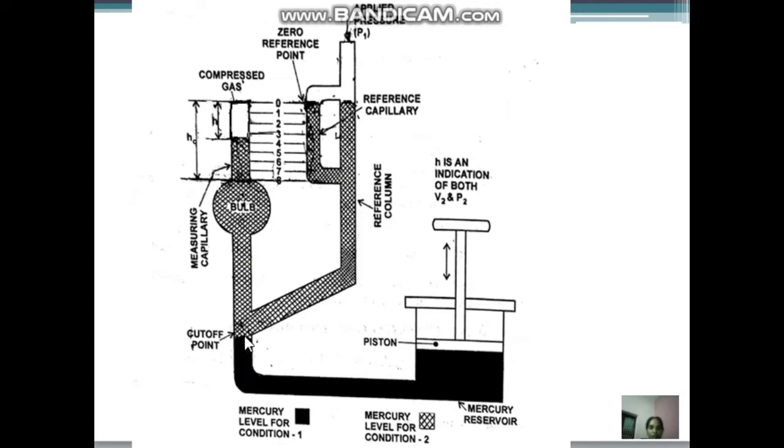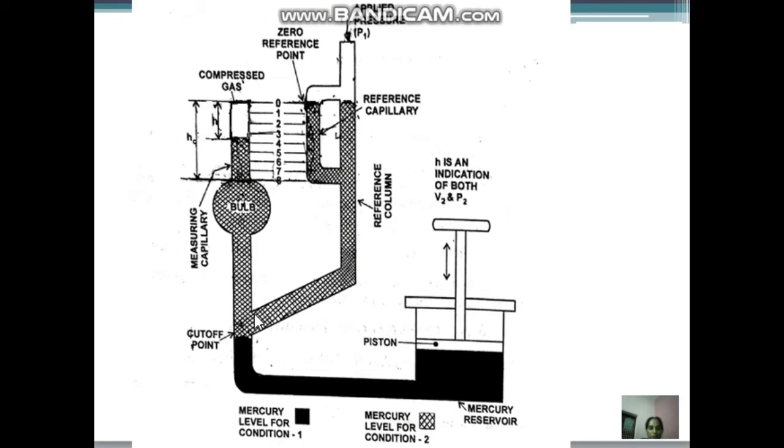At this cutoff point, a known volume of gas V1 is trapped in the bulb and the measuring capillary tube. So the unknown pressure P1 occupies the measuring capillary tube and is trapped in this bulb.